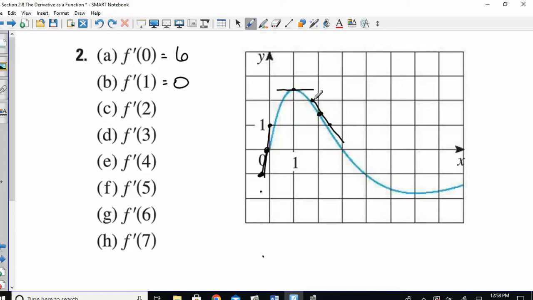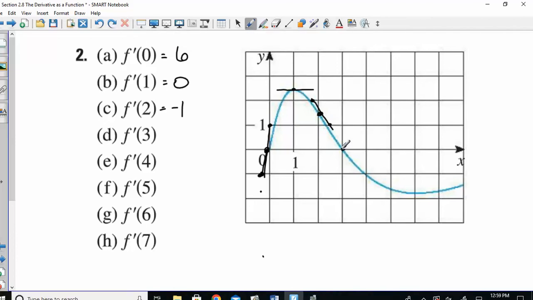If I took these, it looks like I go down 1 over 1, so 1 divided by -1, roughly a slope of -1. It's not exact, but ballpark.